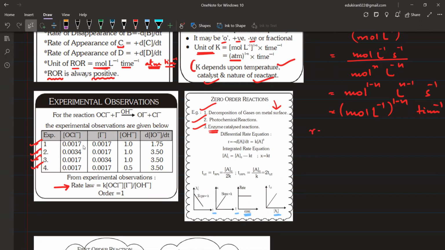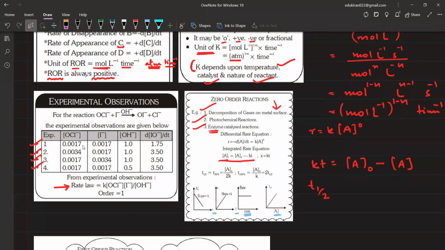Now, in zero order reaction, R is equal to K into A to the power of 0. You have to remember the integrated form of the rate equation. You can also remember it like this: Kt is equal to initial concentration minus the concentration that you have at a particular time. T half of this reaction is equal to A naught upon 2K.